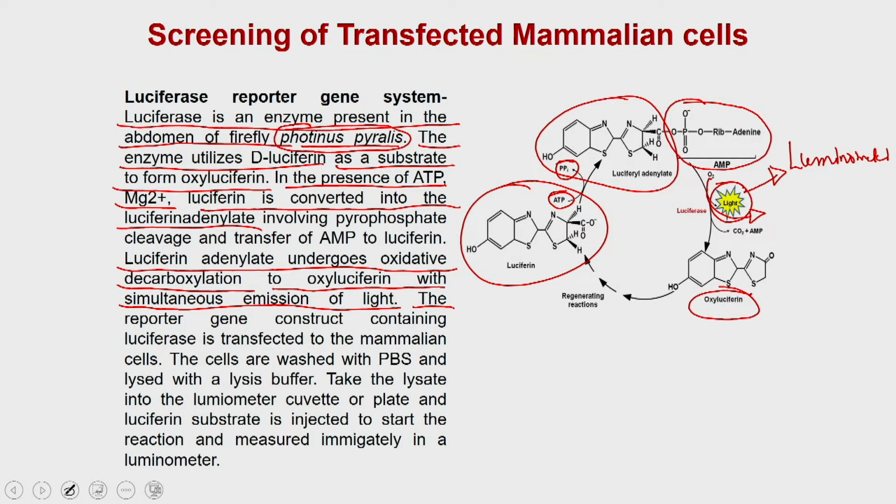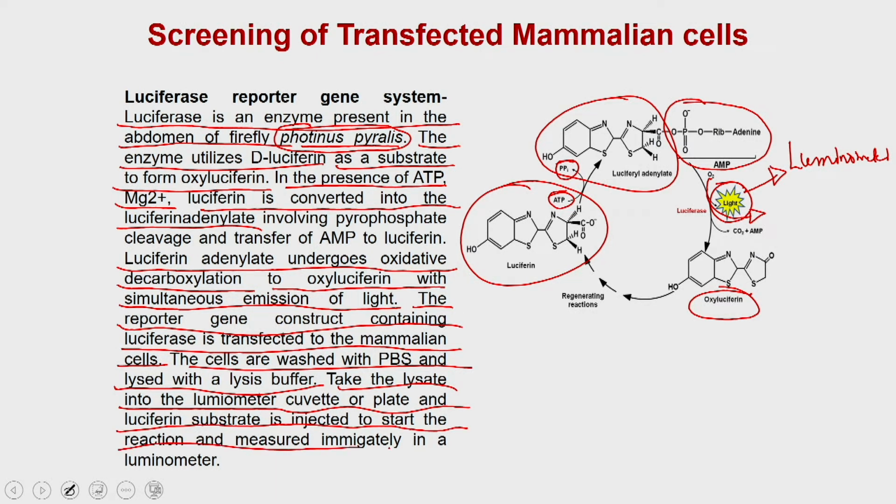The reporter gene construct containing the luciferase is transfected into the mammalian cells, and the cells are washed with PBS and lysed with a lysis buffer. Take the lysate into the luminometer or cuvette, and the luciferase substrate is injected to start the reaction and measured immediately in a luminometer. As I said, this signal is very short lived.